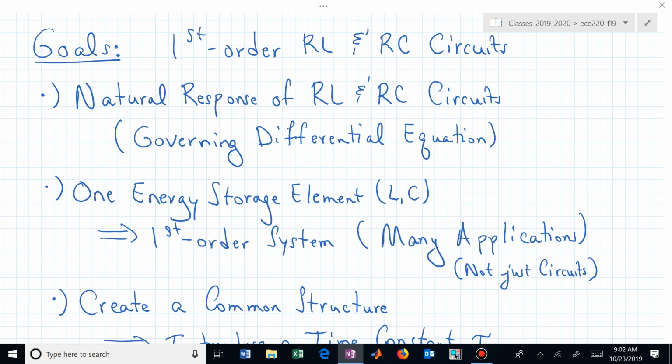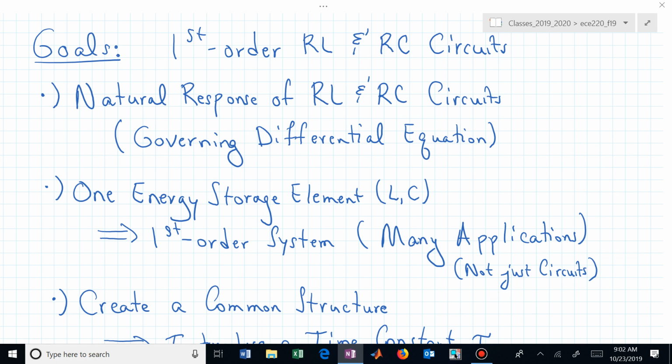If you missed the first minute or 2 of this discussion, we are now in Chapter 7, which is first order circuits. Today we're going to be talking about their natural response. When we're not exciting them with any external source, we may excite them to get initial conditions established, but once we have initial conditions on these energy storage devices, we want to let them go and see how they behave.